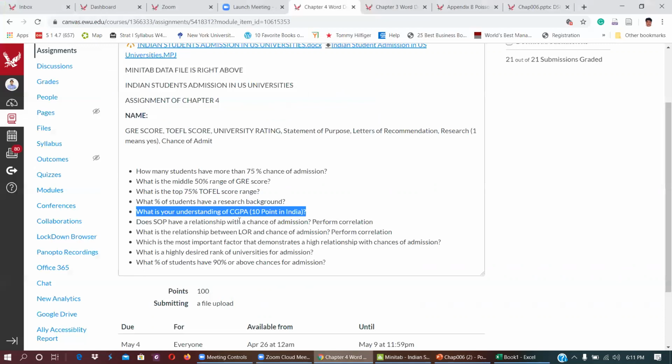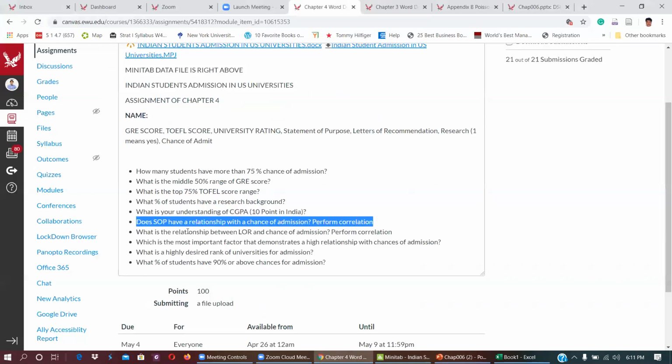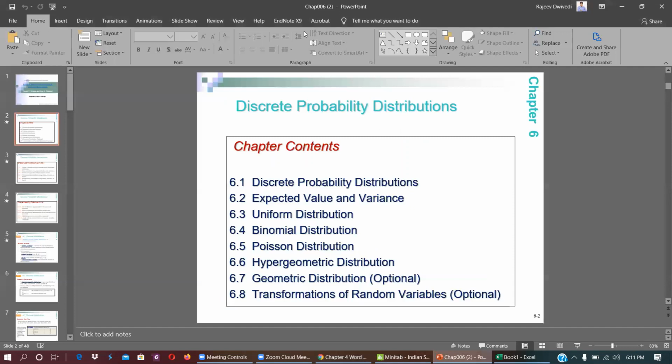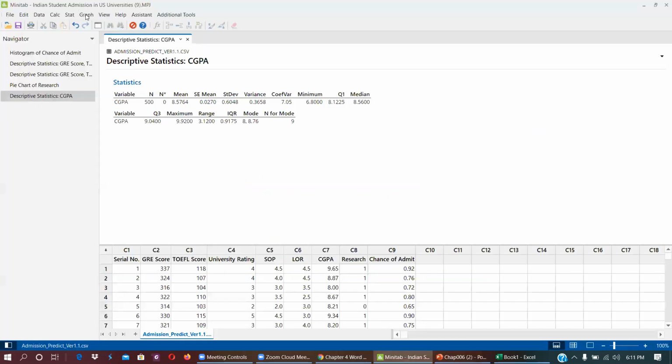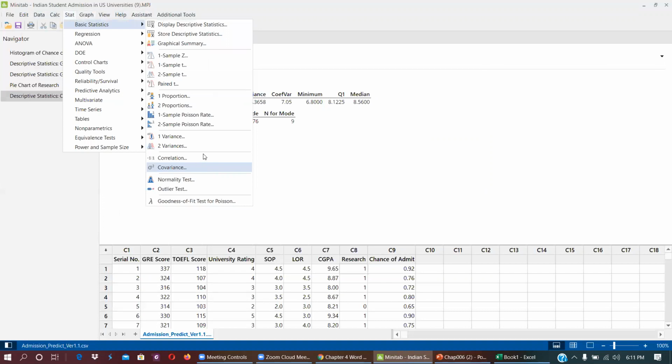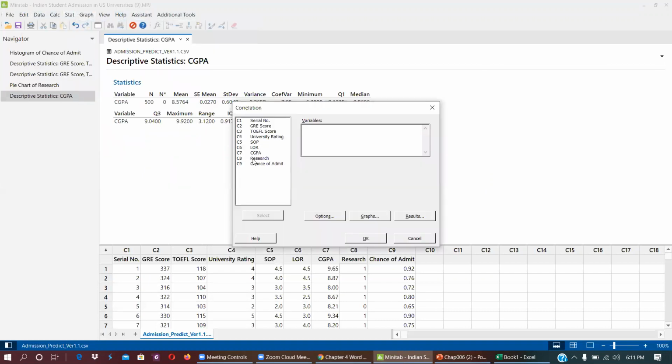Does SOP have the relationship with the chance of admission? So many students have done this very correctly. So chance of admission with basic statistics correlation, SOP, LOR, and chance of admission.